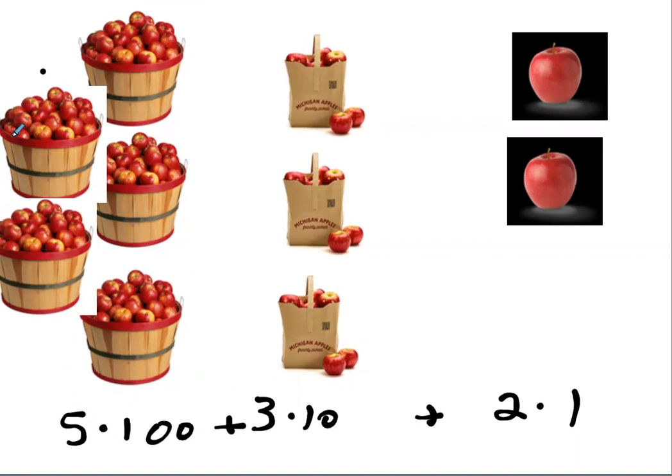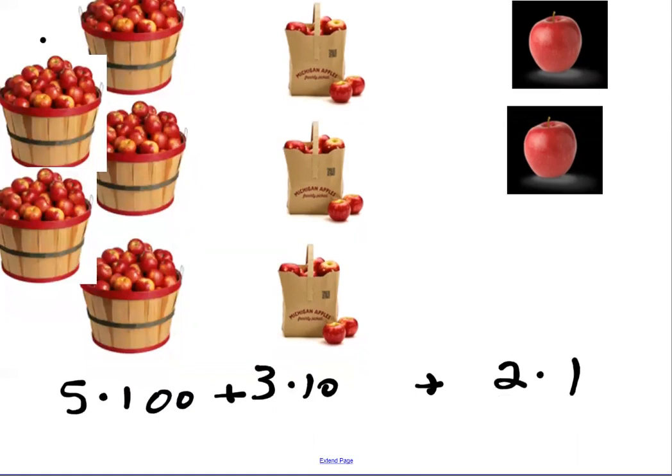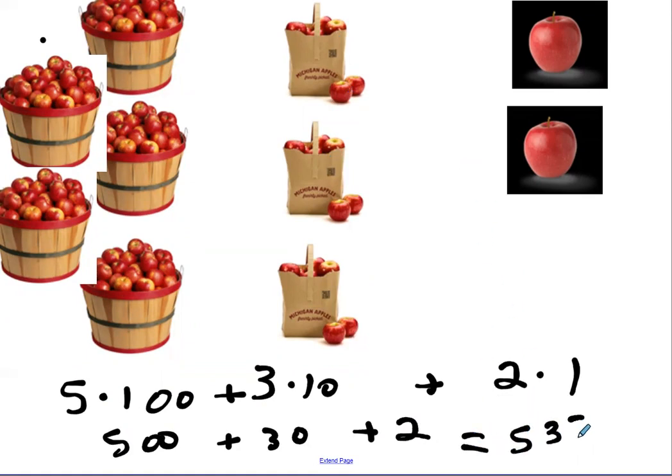I'm counting up by hundreds, so I can count 100, 200, 300, 400, 500. $10, $20, $30, and 2. So there's a 3-digit number, 532.